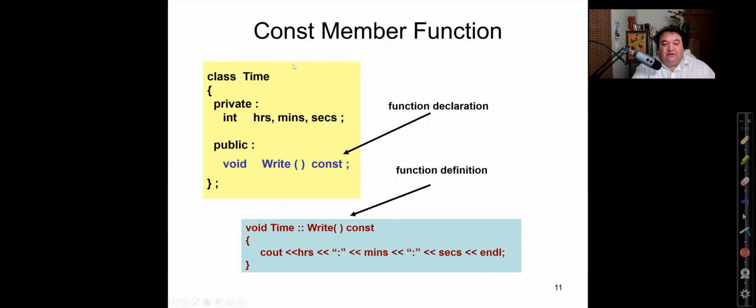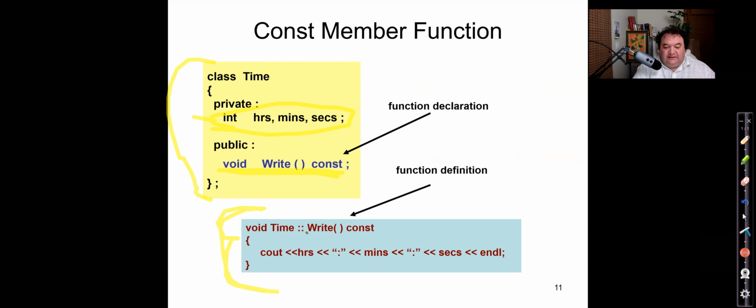So for example, if we have a class Time, like here, and inside we want to have a representation in hours, minutes, and seconds. As public, we want to have a function that simply writes the time. Clearly this function is not meant to modify, so we can define it as a const function. This is the declaration, and here outside is the actual definition.